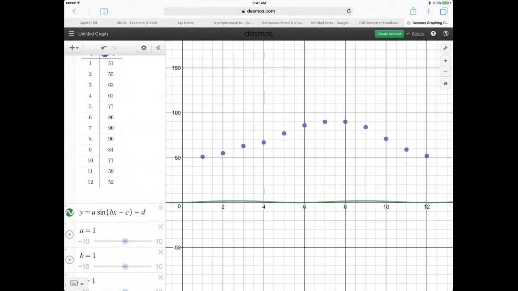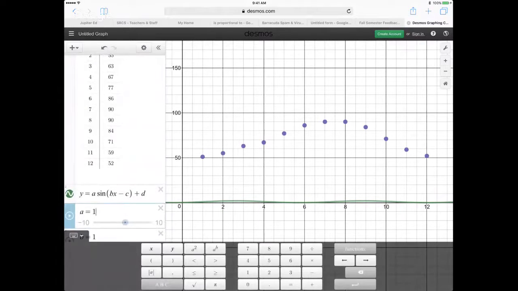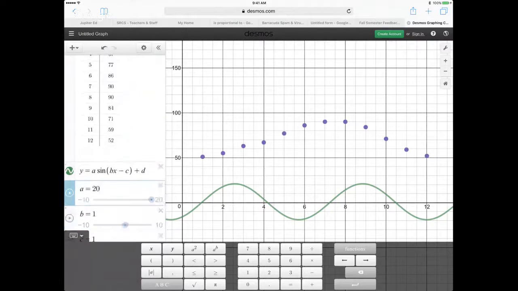So clearly I need a greater amplitude. Let's see, the amplitude data goes from 51 to 90 or thereabouts. I'm going to call it 50 to 90, so 20. I'm going to say A equals 20. There we go. And then I can see that one period takes me 12.